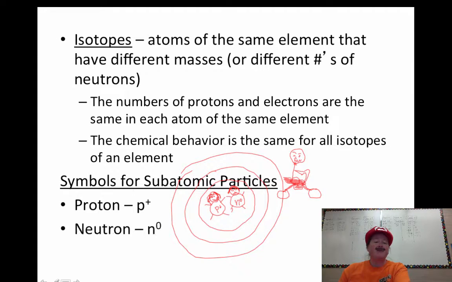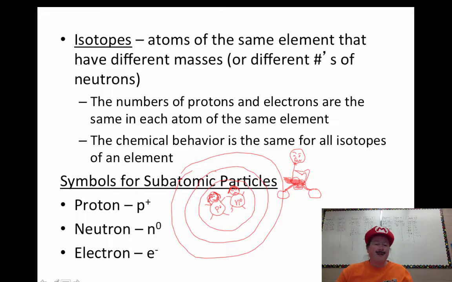So these are some of the symbols that we use for the subatomic particles that you will see me frequently using throughout the year. P with a plus sign for protons, N with a 0 for neutrons, and e with a negative sign for electrons.